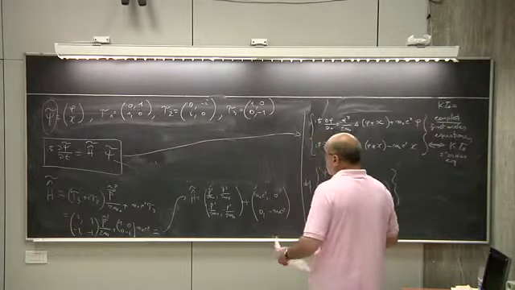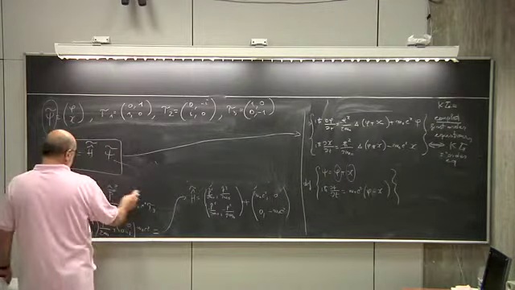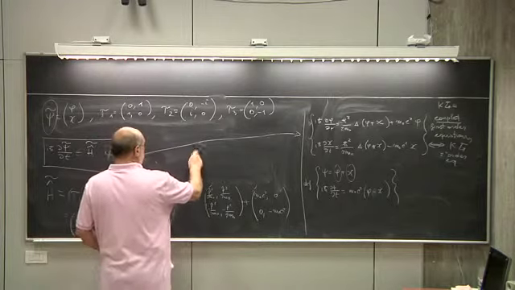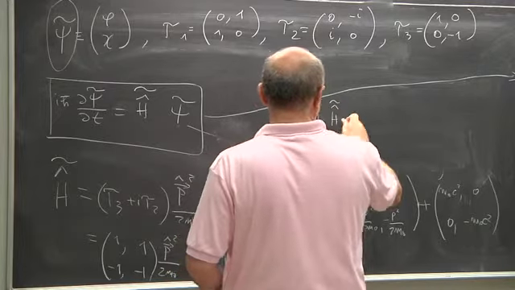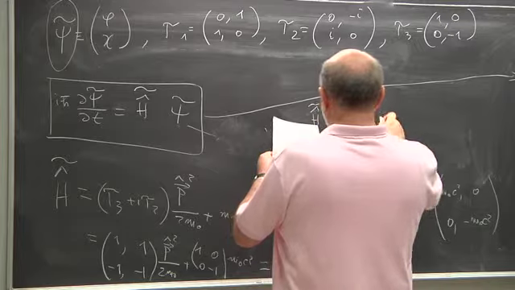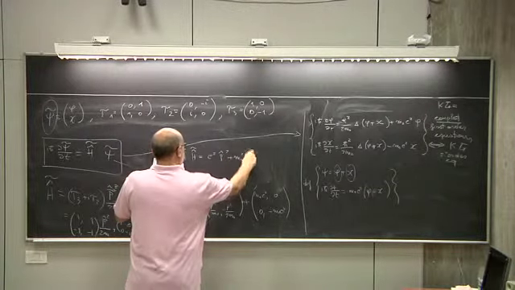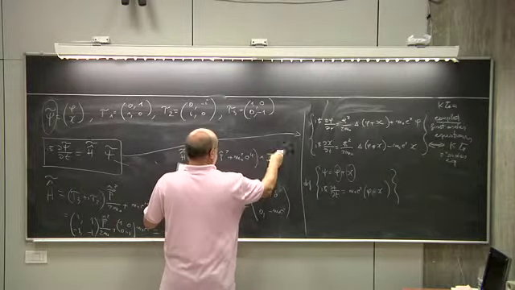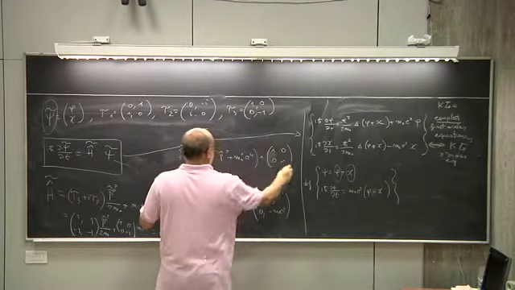Now there are nice things about this Hamiltonian. It has this awful form, but it's easy to see that it satisfies the following. If you multiply this Hamiltonian by itself, you get that this is equal to c squared p squared plus m squared c to the fourth, multiplied by the identity operator in 2 by 2, that means 1, 0, 0, 1.